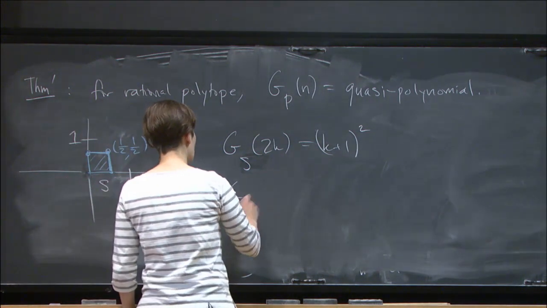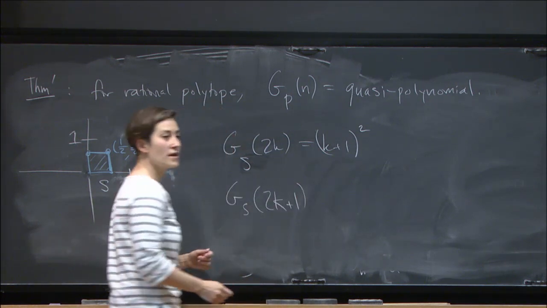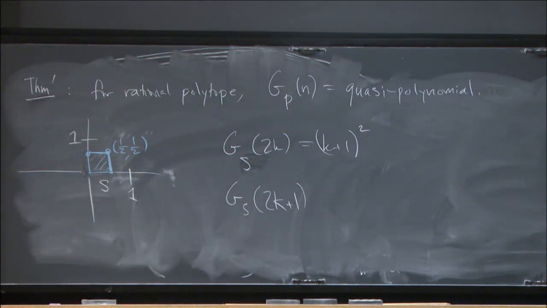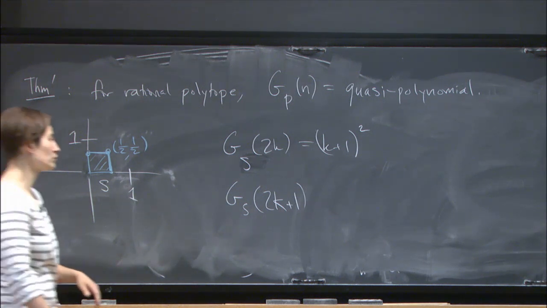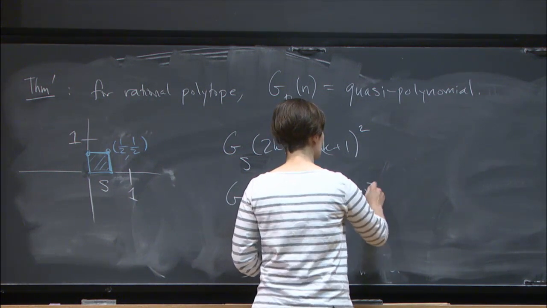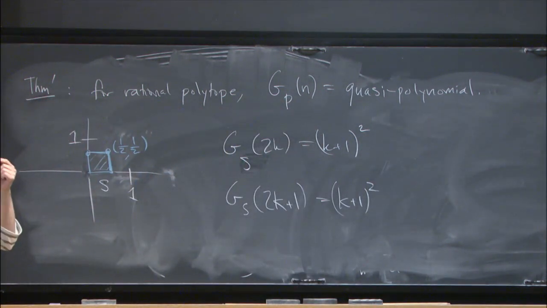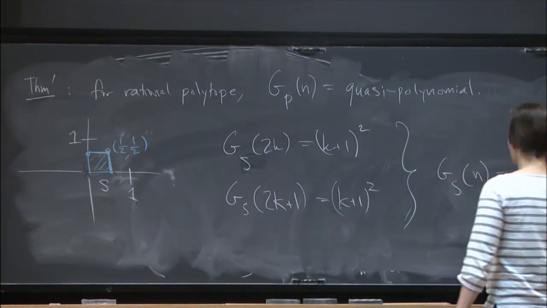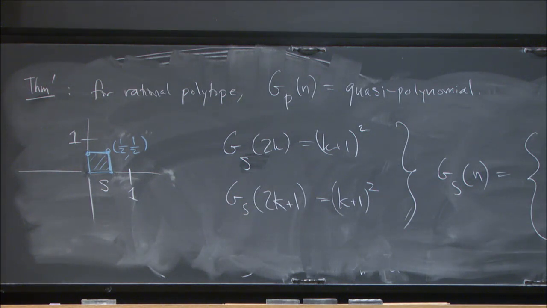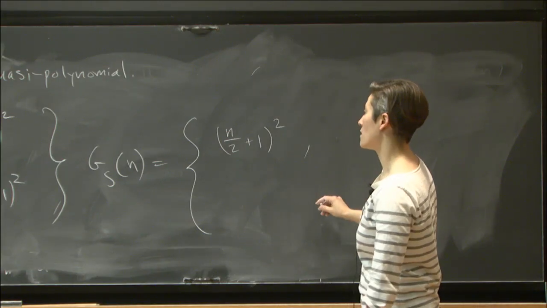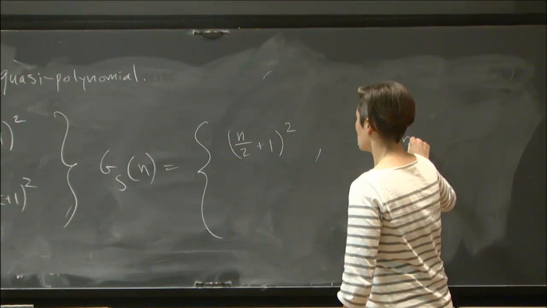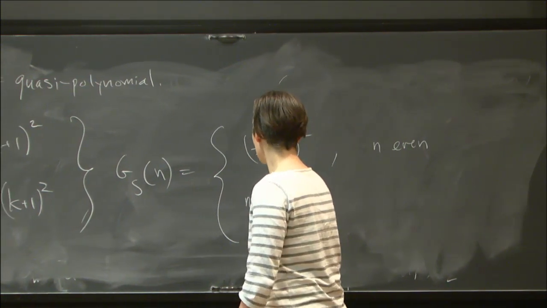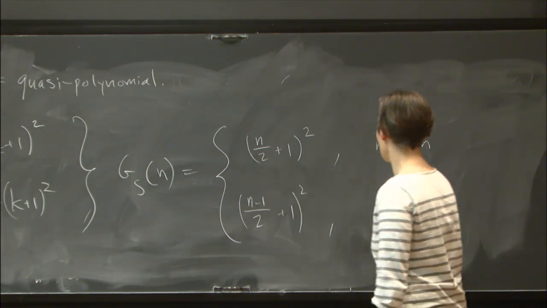And then what about g S for 2k plus 1, the next number? I tick it up one notch. Any more lattice points? No, it's the same. So that means that the count for nS alternates between the polynomial (n/2 + 1) squared if n is even, and the polynomial ((n-1)/2 + 1) squared if n is odd.